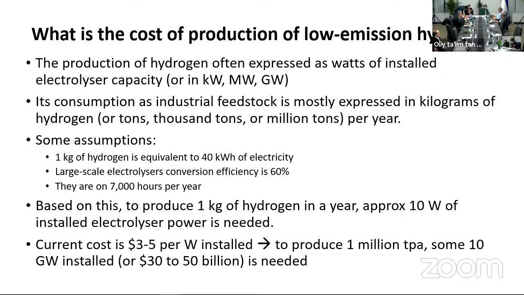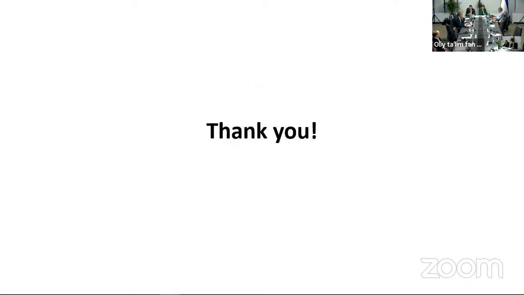Maybe electrolysis is not the way, maybe thermolysis of hydrogen is the way to go in some cases, and that may well be in Uzbekistan. So this is what I had to present today. Thank you so much.